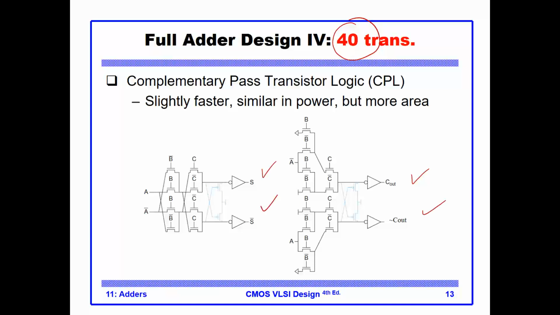So you can say roughly we need 20 transistors per logic, because we're generating almost double the circuit here: C out and sum, and sum prime and C out prime.